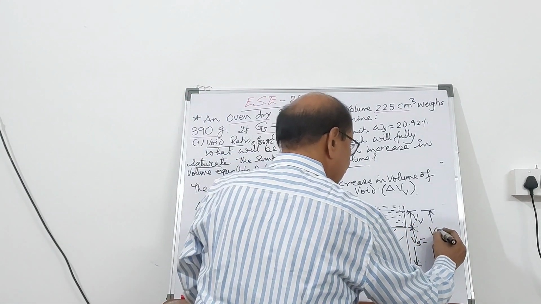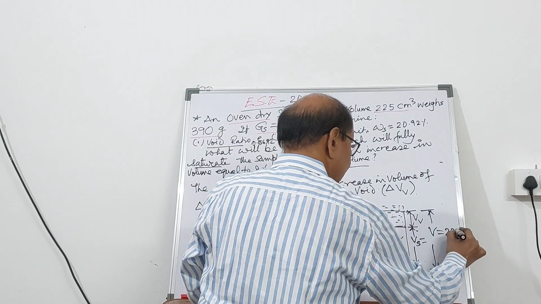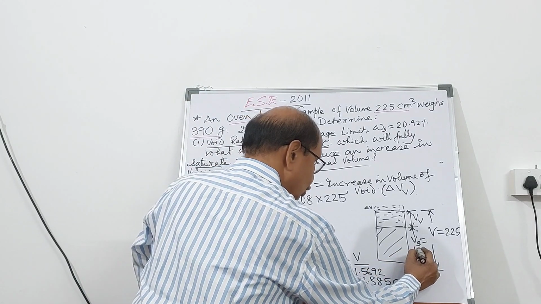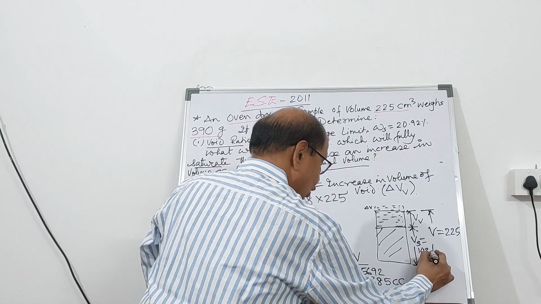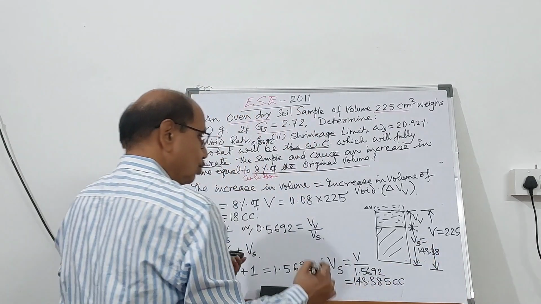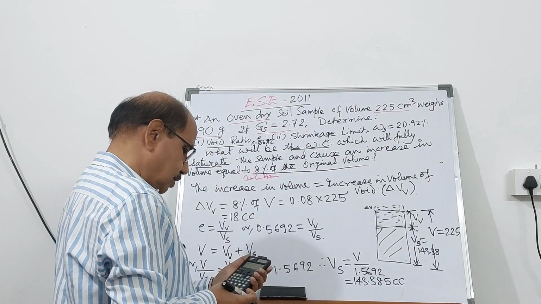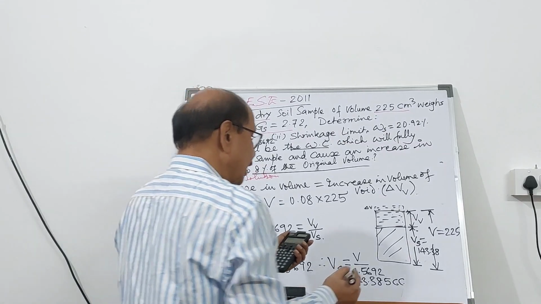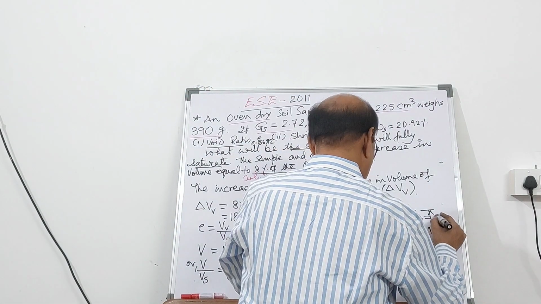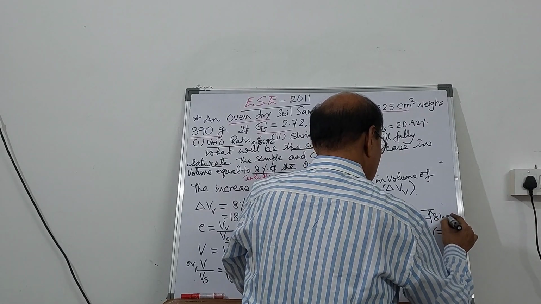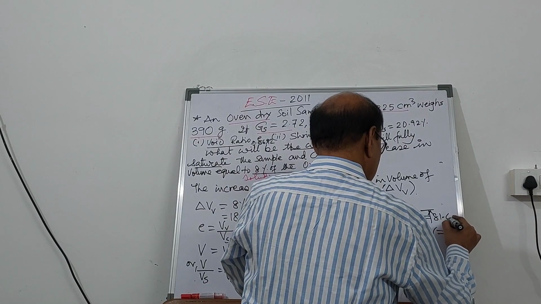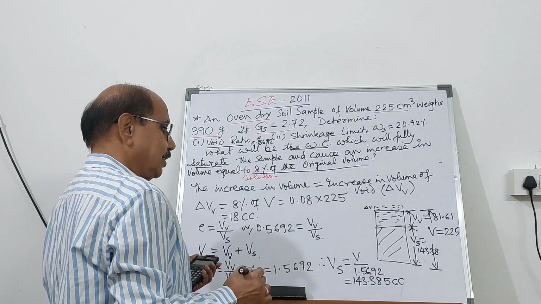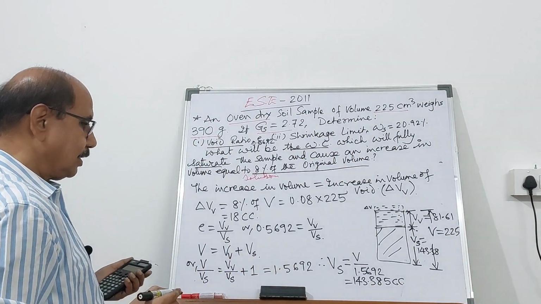So the total volume is known to you as 225, and the volume of soil solids is also known to you as 143.38. The difference of the two, 225 minus 143.38, equal to 81.61 cc. So that is the volume of void.